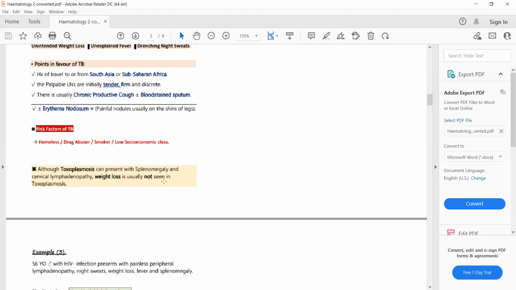So a specific point for the diagnosis of non-Hodgkin lymphoma is lymphoma in HIV patients. And lymphoma with Reed-Sternberg cells will be Hodgkin lymphoma. So remember these two specific points for both of them, because sometimes in the answers both of them will be given and you have to select one.